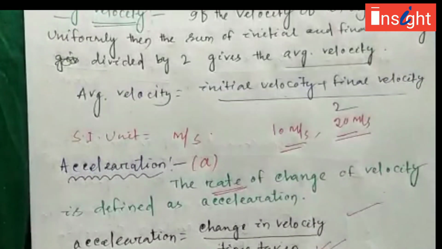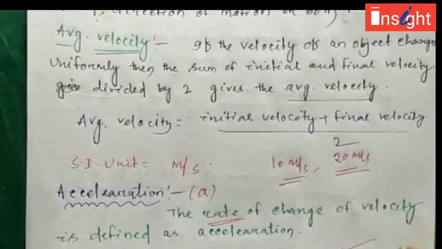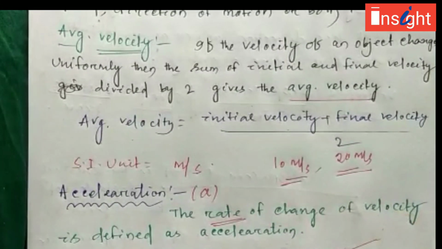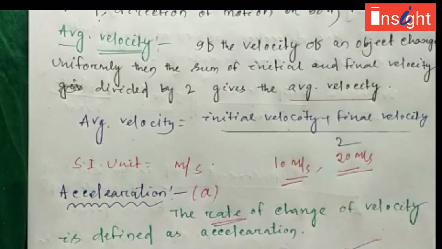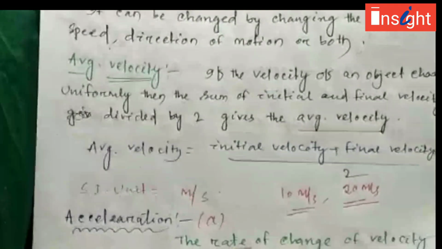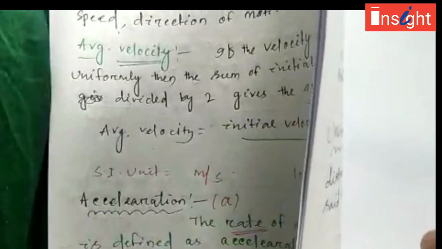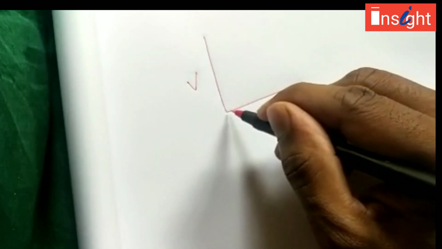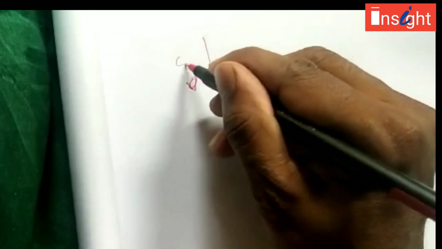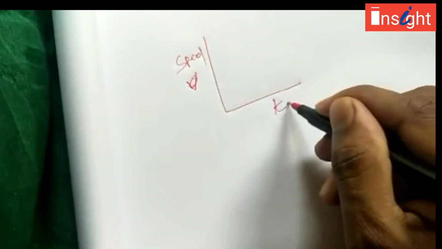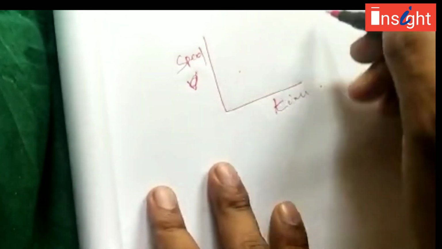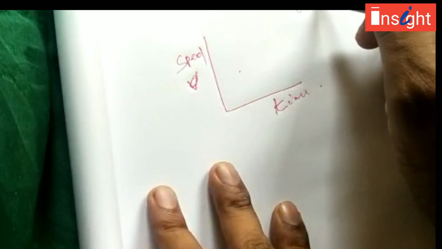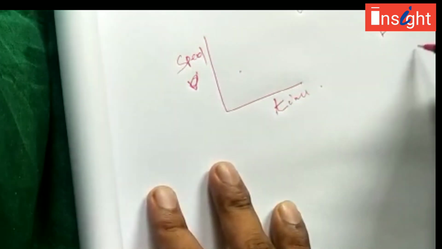Prabhas asked one question in the comments: sir, what is uniform speed? Actually, there is no particular definition for uniform speed. What you have to do is plot a graph. Suppose this is a graph of speed against time, or distance against time.